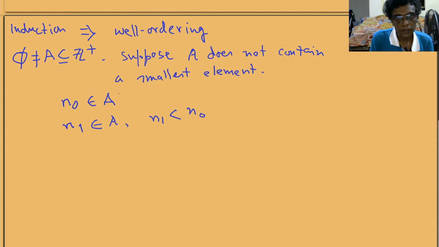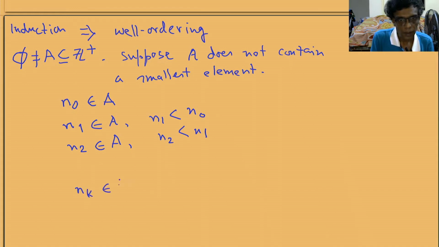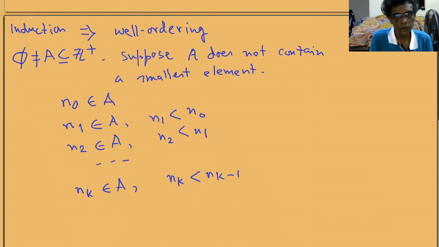Again, n1 is, by this assumption, not a smallest element, so I can find an element n2 in A which is smaller than n1. In general, by induction, I can get any number of elements nk. I can do this till infinity, because none of n0, n1, n2, n3 is the smallest element, so I can always find a smaller element.